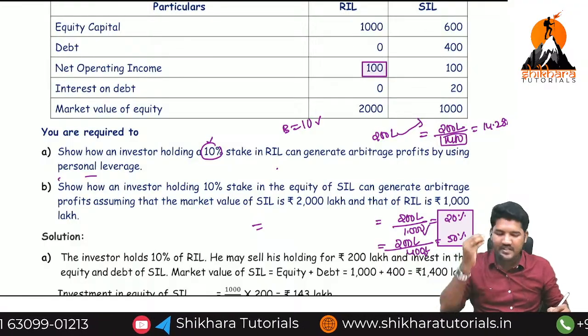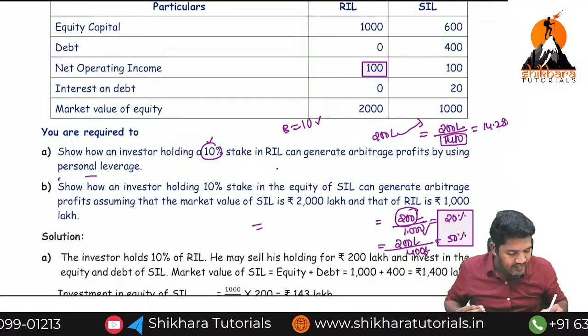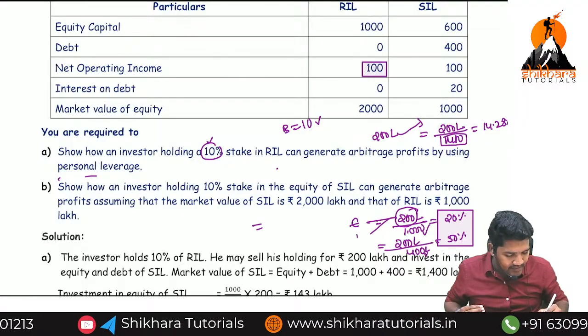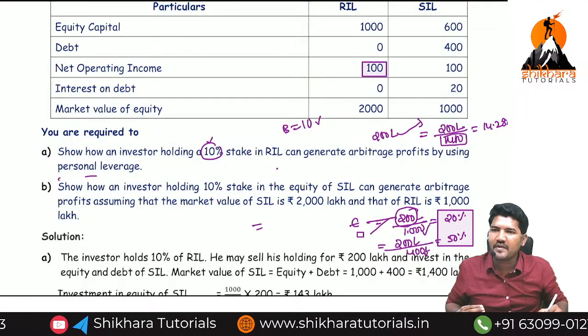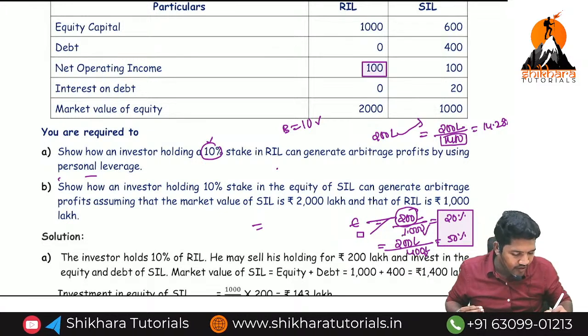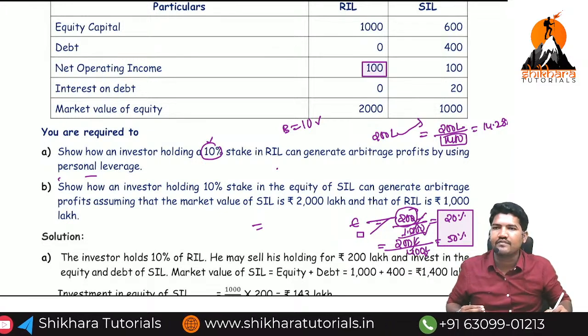But common sense says this 200 lakhs involves equity plus debt. That's why we can't invest individually.